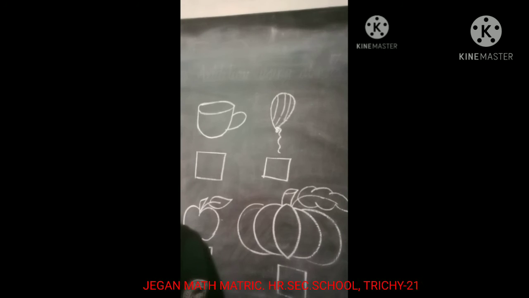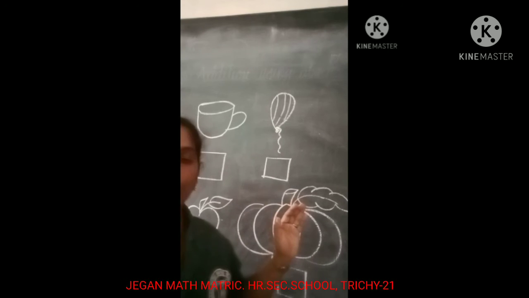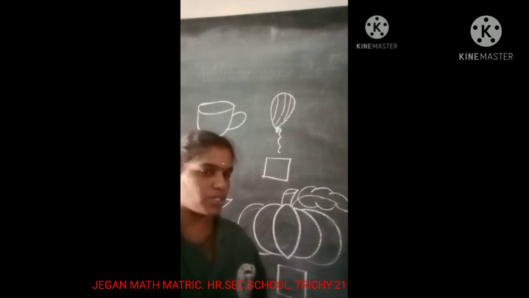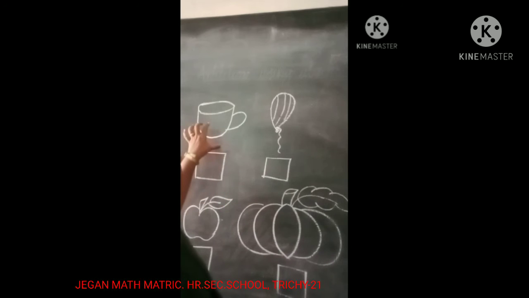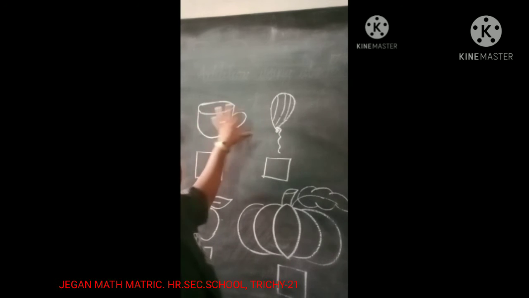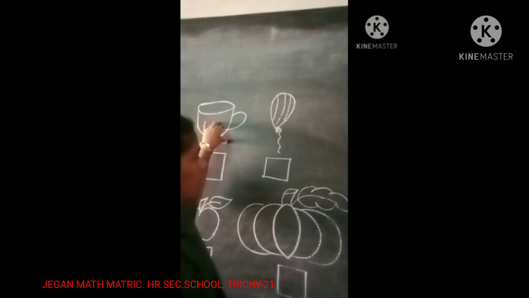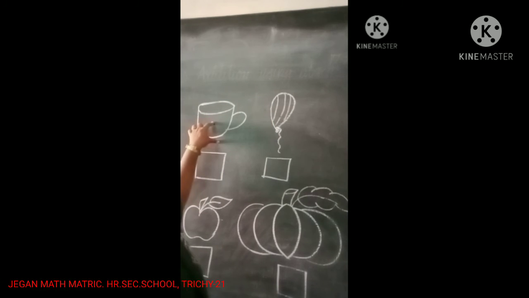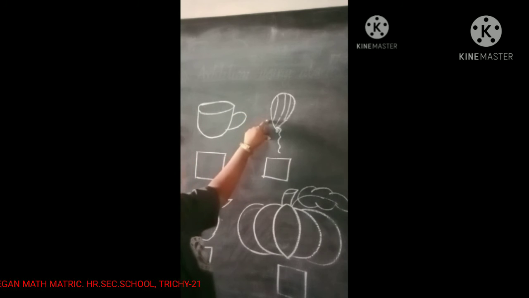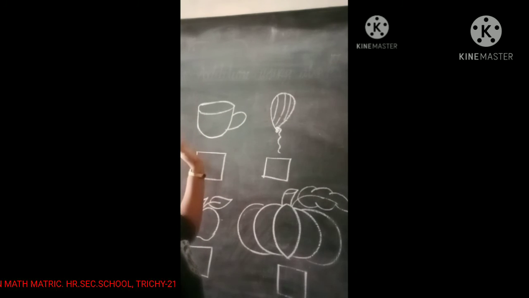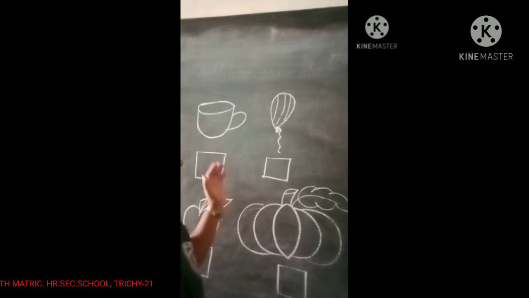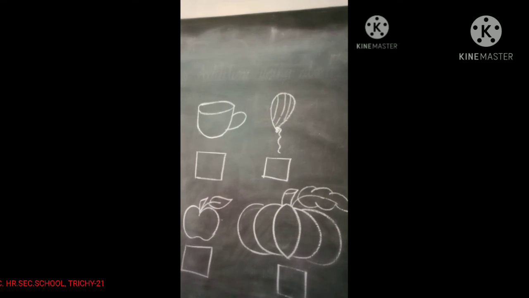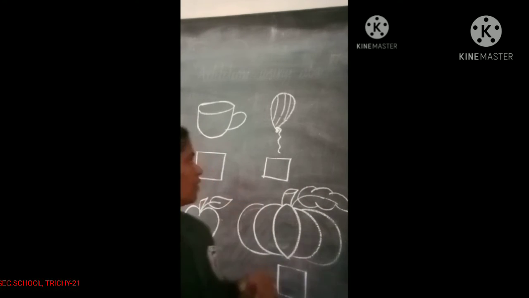Okay, kids. Now listen here. We are going to tick the heavy object and cross the light object. See these two objects. This is a cup and this is a balloon. Now see which is the heavy object and which is the light object. Tell me. Yes, super, very good.